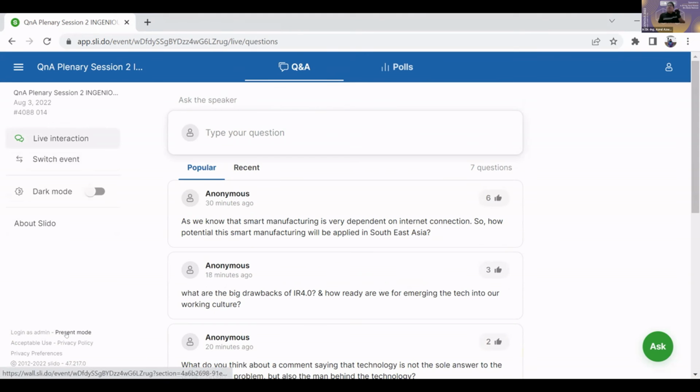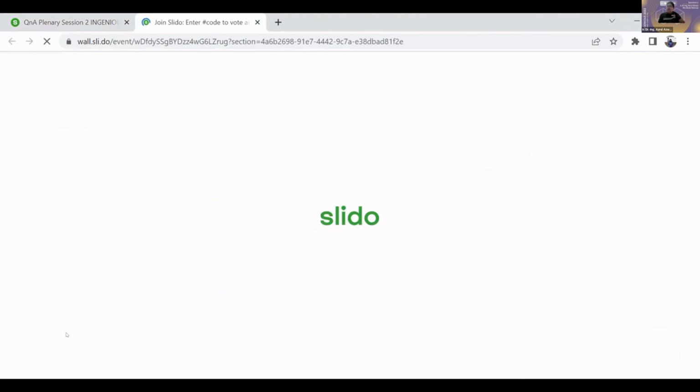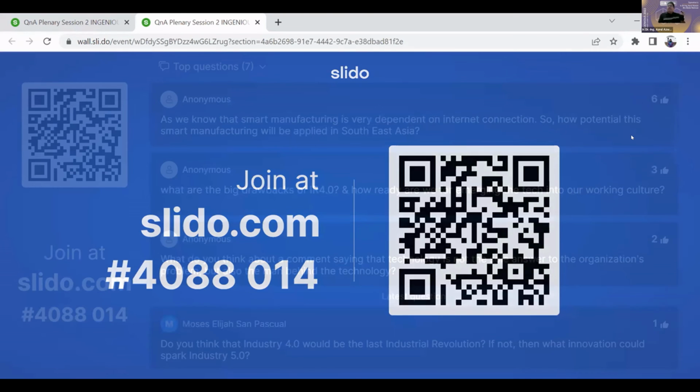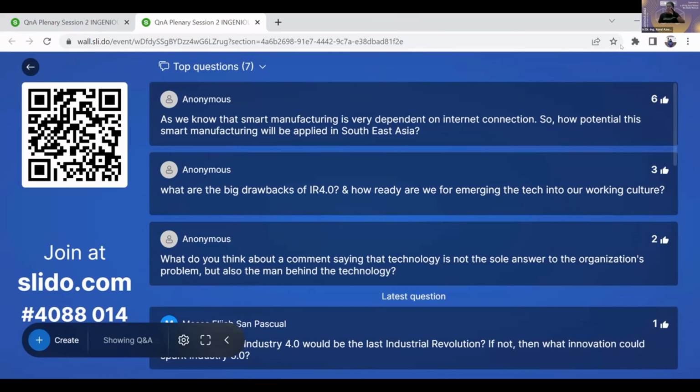Is it really going to benefit the manufacturer if they implement Industry 4.0 technology directly? If the advantages are less than what we have right now, let's prepare our system so that it is able to support Industry 4.0, but still maintain our current system to make sure that the profitability of the manufacturing still benefits from this system.